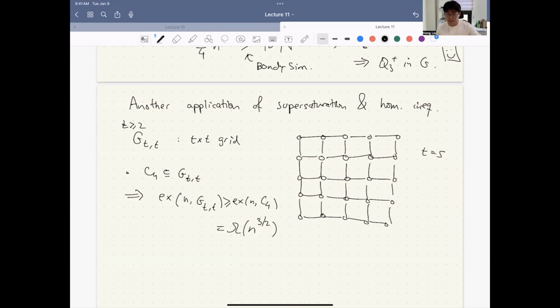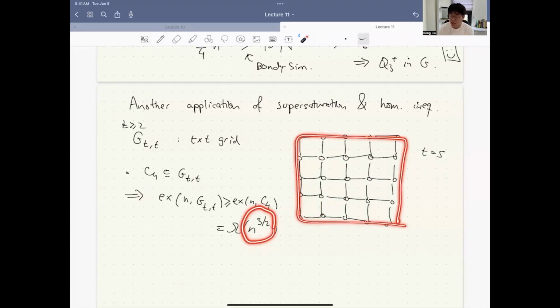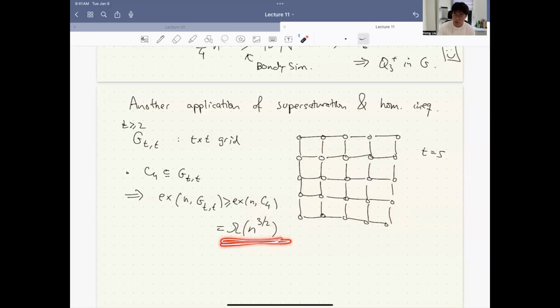The answer is yes. As long as you reach this many edges, then you will see C4, but not long after, you also see any large size grid. So obtaining a grid is not much more expensive than obtaining a C4 in the sense of the extremal number.